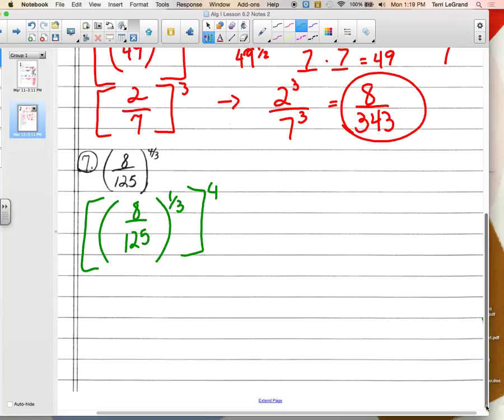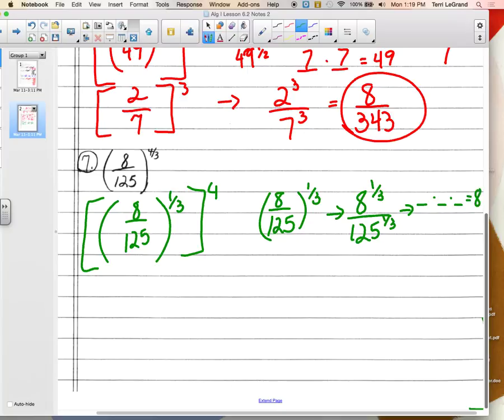We agree this is the power to a power name for it? Yes. Okay, so the first thing we're going to do is take that 8 over 125 to the 1/3 power and give each of them their own power of 1/3. We're just going to simplify that right now. What is 8 over 125 to the 1/3 power? We are looking for something that times itself 3 times equals 8, 2.